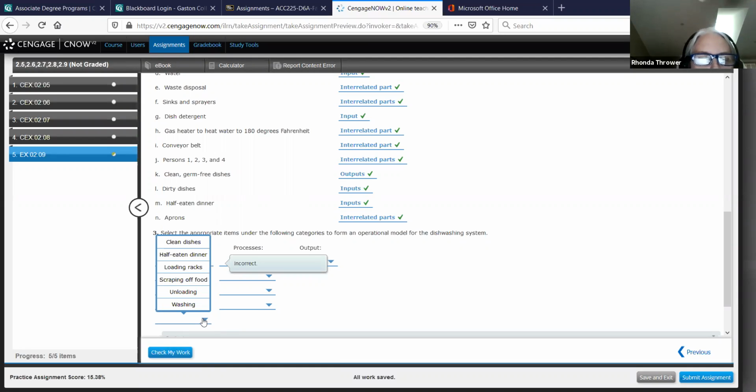And another type of input would be loading the racks.